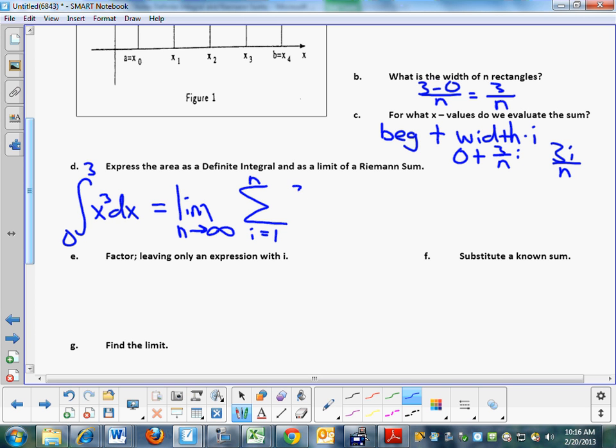So I need to take that 3i over n to the third power. That's f of x sub i. If we had 2 different x's, like in the next problem, you've got to plug that in twice. Times 3 over n. That's delta x.